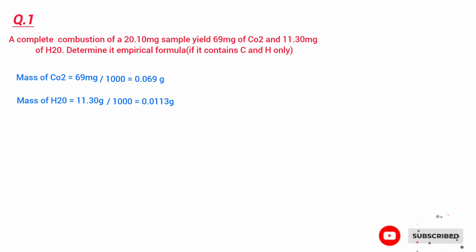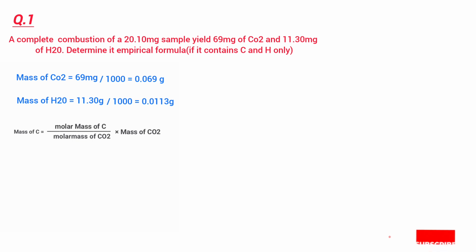To do that, we use this formula. We say the mass of carbon is equal to the molar mass of carbon in CO2 over the molar mass of CO2 times mass of CO2. In CO2, there is one atom of carbon and atomic mass of carbon is 12. So the molar mass of carbon is 1 times 12.